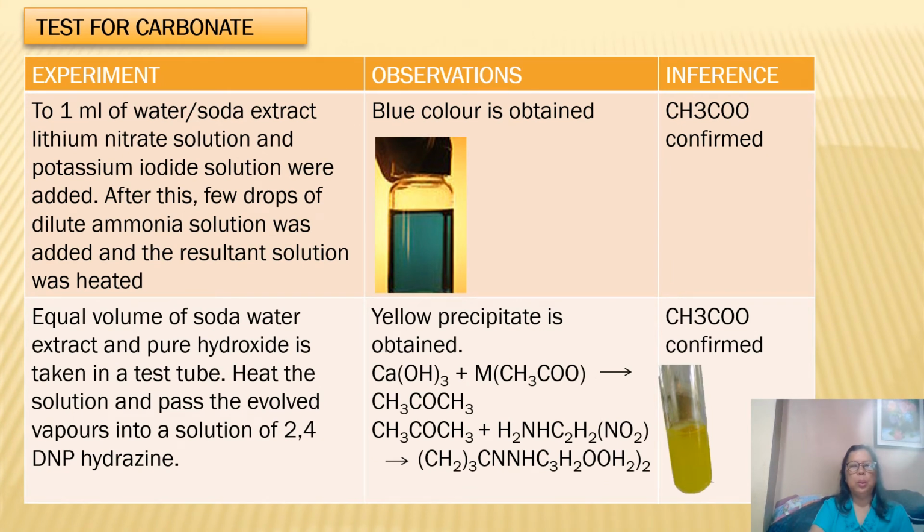And then let us try to look into how these tests are being done. So for the test of carbonate, you have here two approaches. The first one is, of course, the addition of water or soda extract, and then lithium nitrate solution and potassium iodide solution are added. After this, a few drops of dilute ammonia are added and the resultant solution is heated.